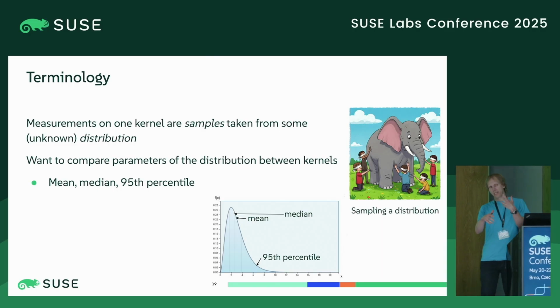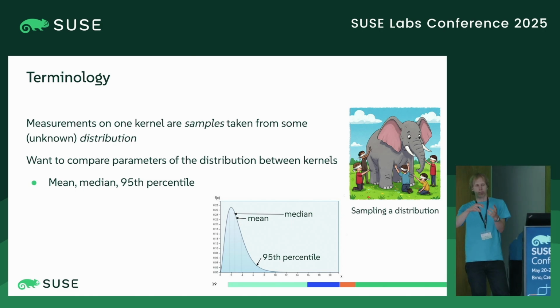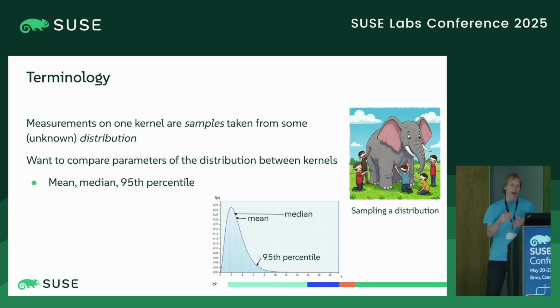From the statistics point of view, the measurements, say of time, we do on one kernel are considered to be samples drawn from some unknown distribution. The numbers we measure are considered to be random numbers, where you have a certain probability of getting this number and a certain probability of getting that number.